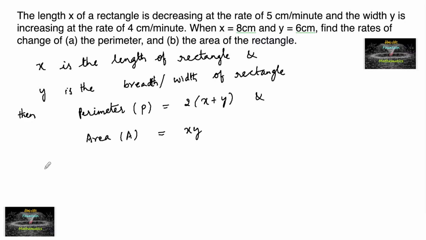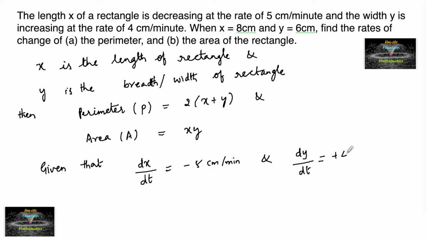Okay, and now given that the length is decreasing at the rate of 5 centimeter per minute. Decreasing means negative. So we can say that dx by dt is equal to minus 5 centimeter per minute, and the width y is increasing means positive, so dy by dt is equal to plus 4 centimeter per minute.